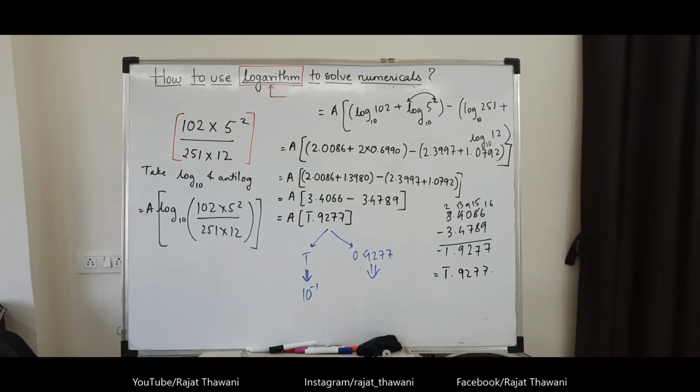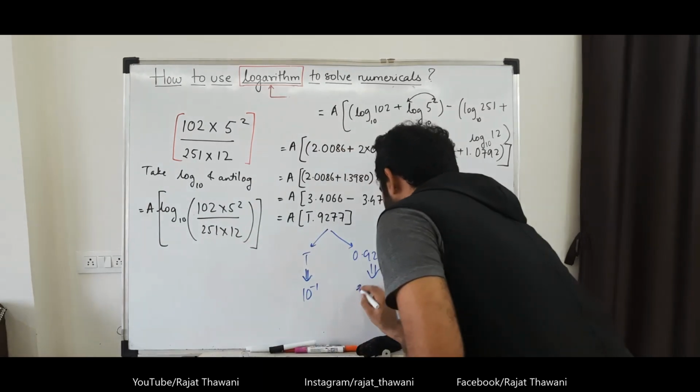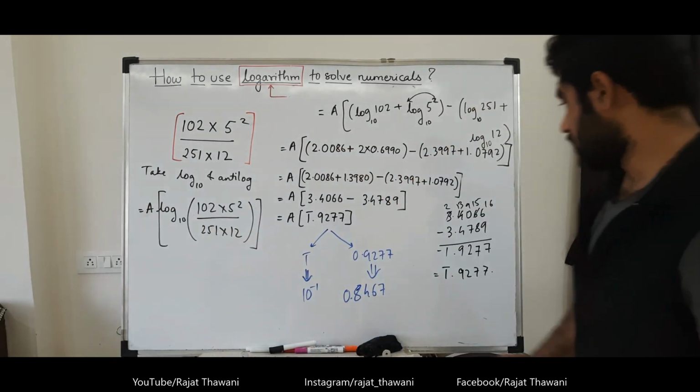It comes to 8453. And next, 7 is 14. So 8453 plus 14 will be 8467. Sorry, not 0 point.